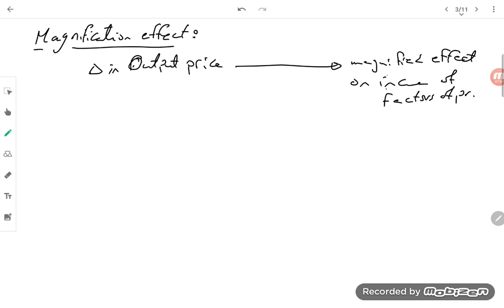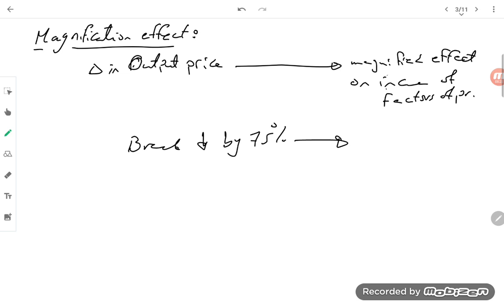Say, for example, bread price declined by 75%. As we said, bread is labor intensive. So the most important factor of production is labor in this case.